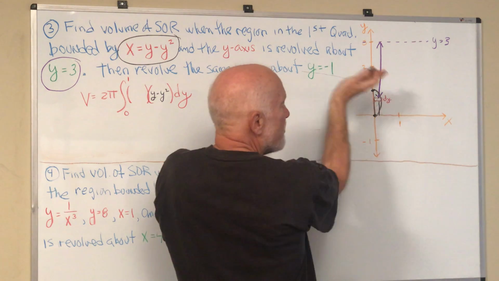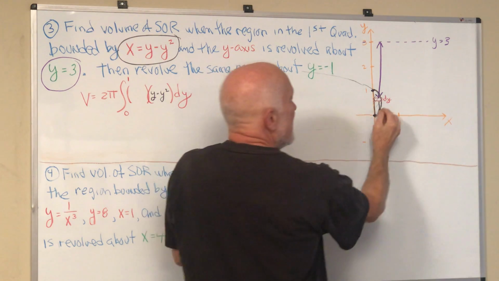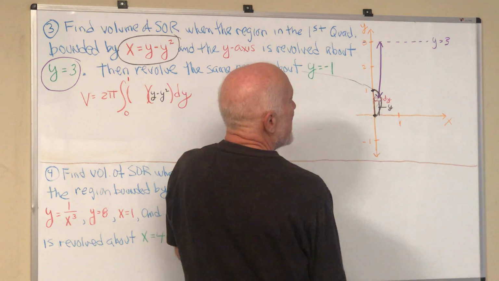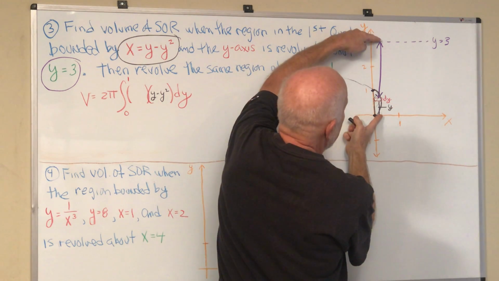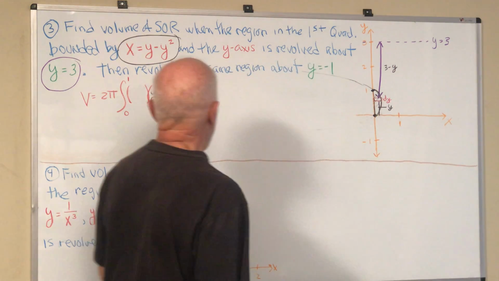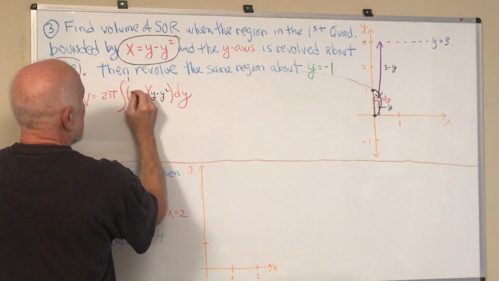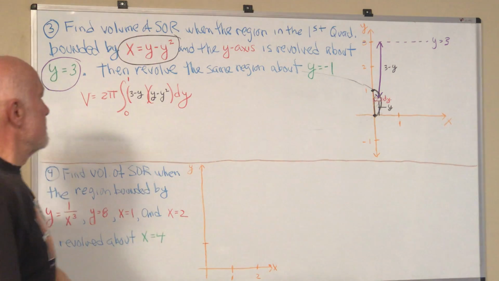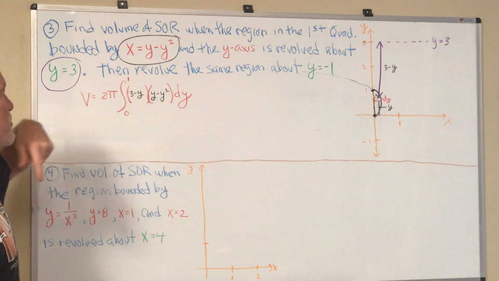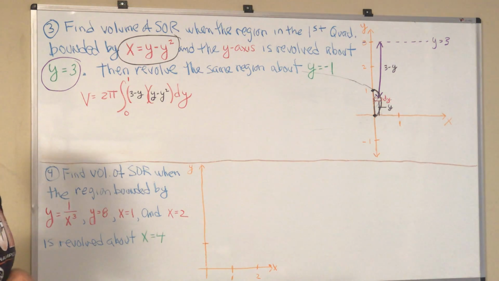The distance up from the x-axis we always call y. So this purple distance right here is going to be 3 minus y. And that's going to go as our radius. And just like the other one, you'd have to multiply that through, take the antiderivatives, and plug in to get your answer.